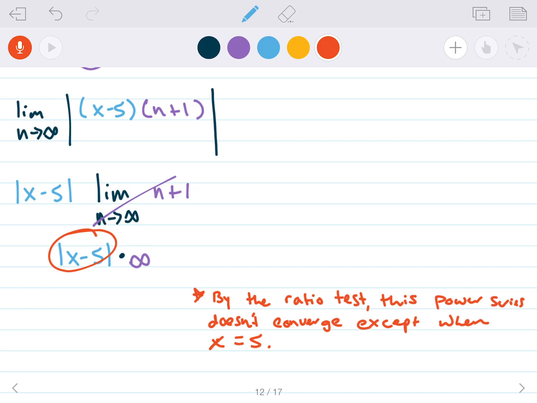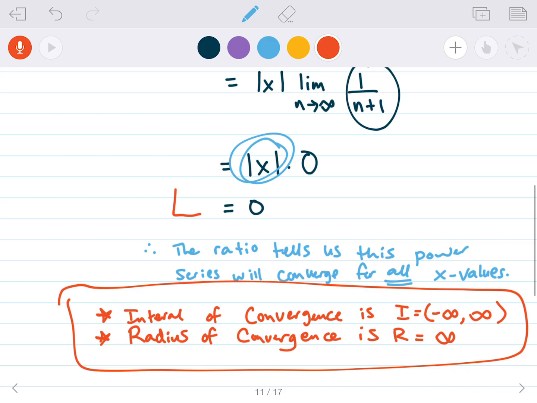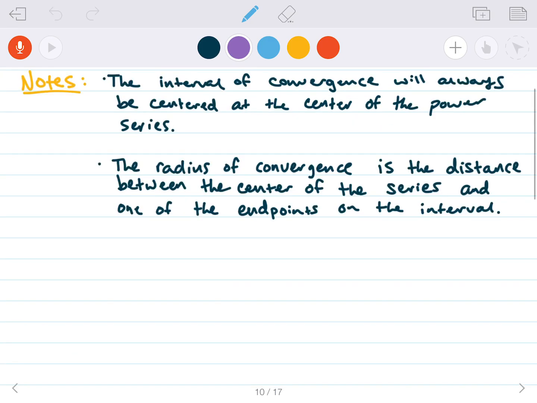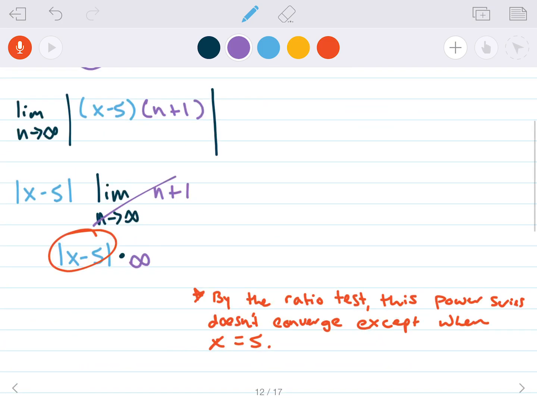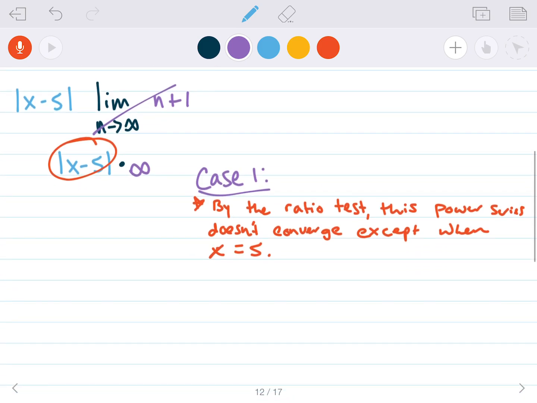And that's case 1, again, from our little list of cases. This previous problem was case 2, and here we have case 1. So how do I write the interval of convergence and the radius of convergence?